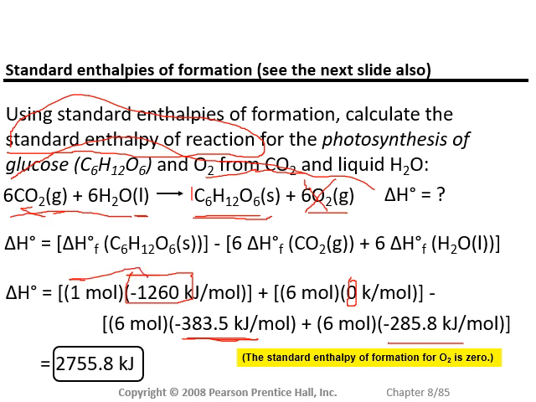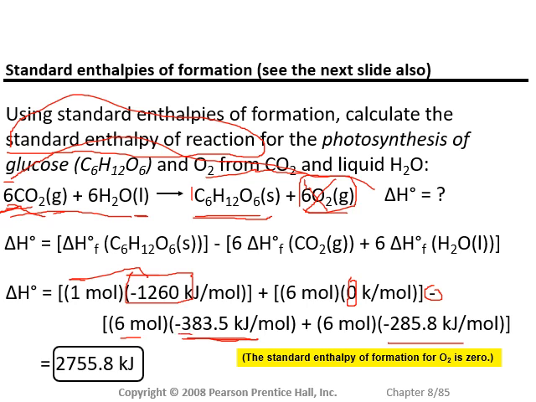And that's it for the products because the O value here is 0. And then minus 6 times whatever CO2 gas is. So here, notice your minus sign here. So it's products minus reactants, and then we have to multiply by 6 because of this 6 right here.